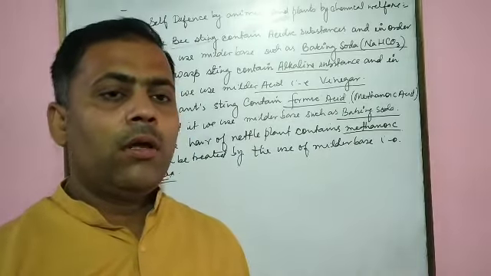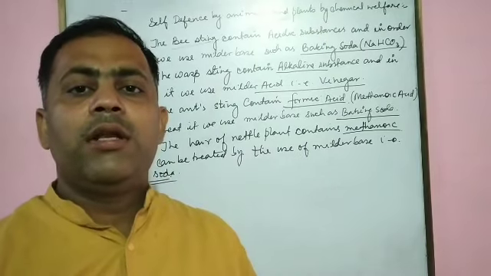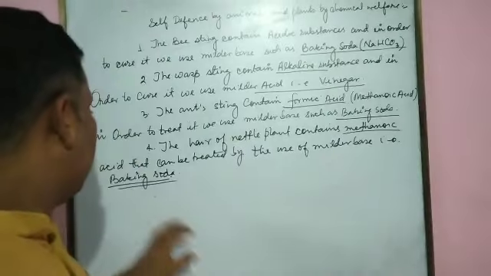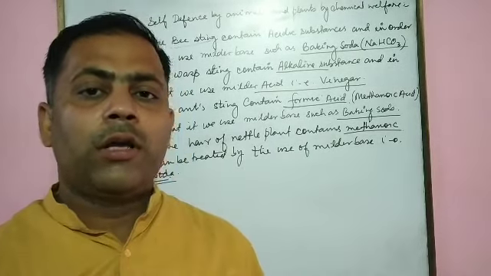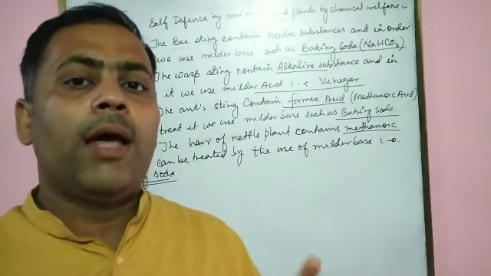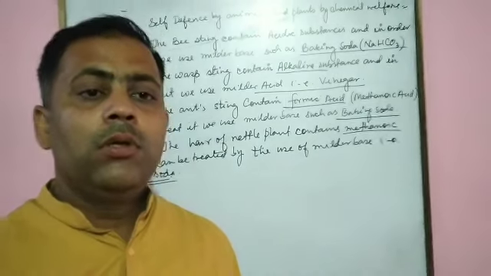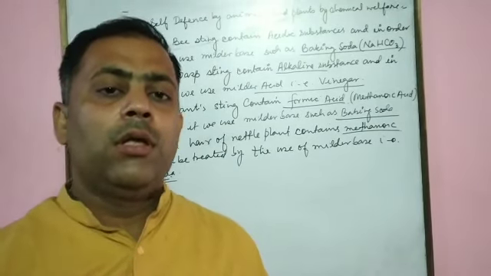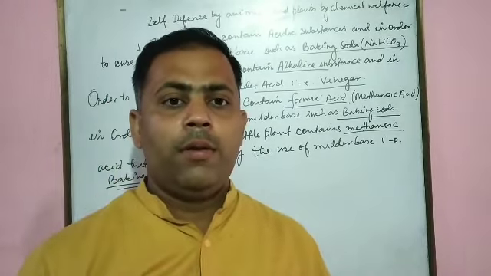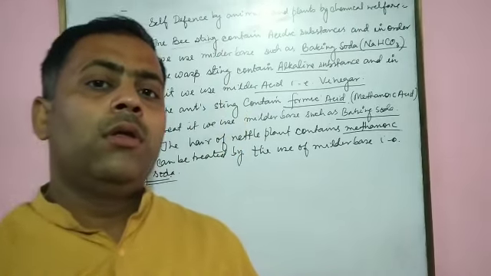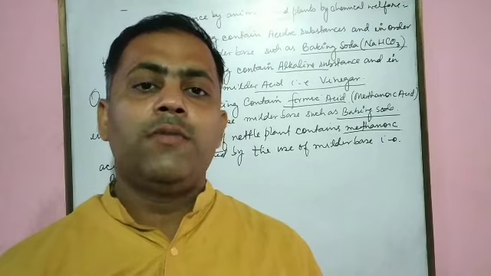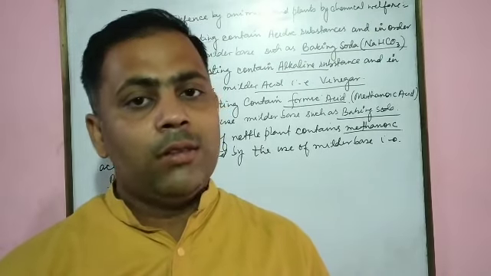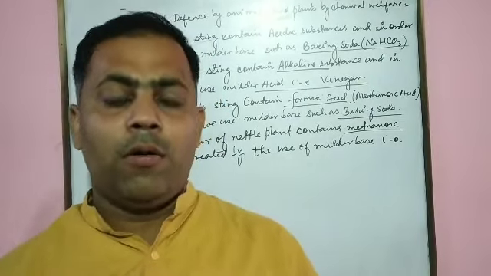One thing I will make clear, that there is a difference between baking soda and baking powder. Baking soda, the chemical formula is sodium bicarbonate. But if we use tartaric acid together with sodium bicarbonate, then that is termed as baking powder.